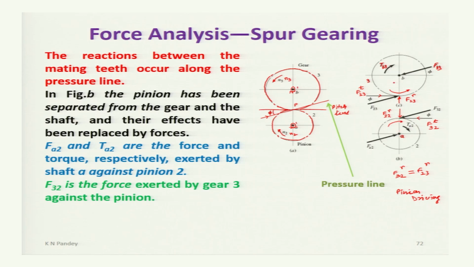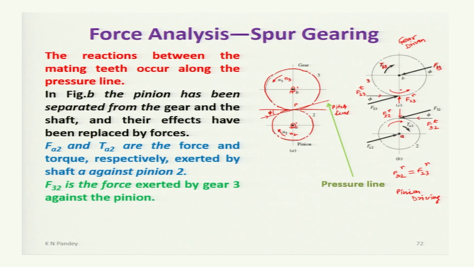Now if we see the gear, which is the driven member, then the tangential component F23 tangential is acting in the direction of rotation of the driven gear.